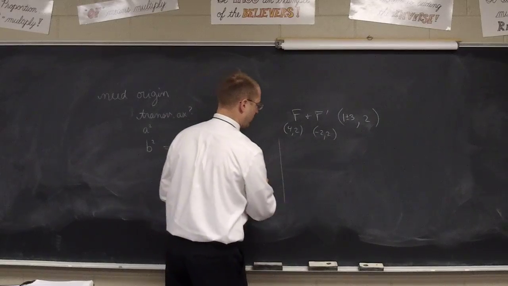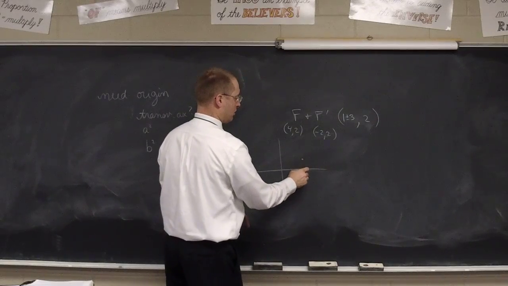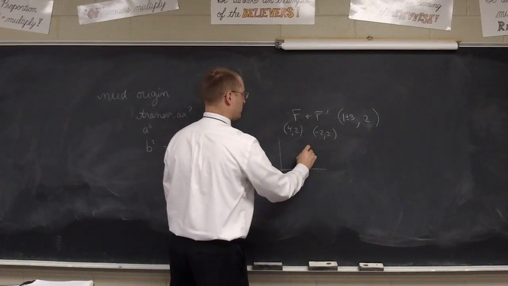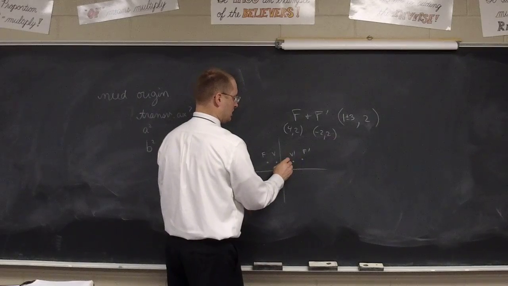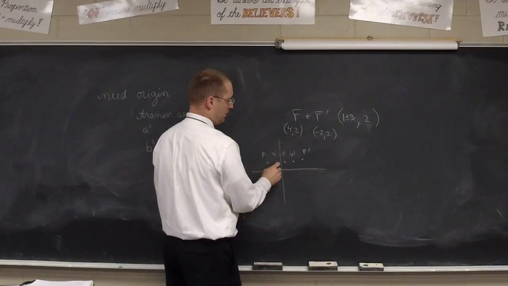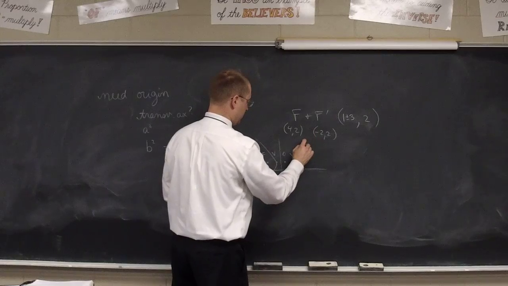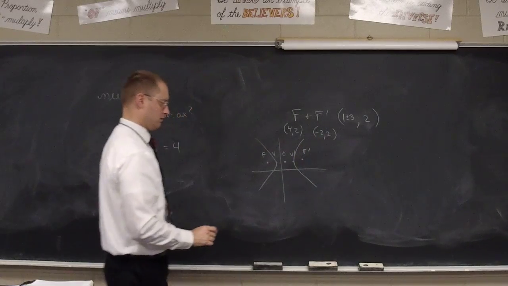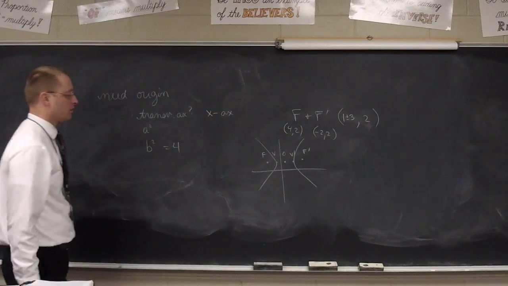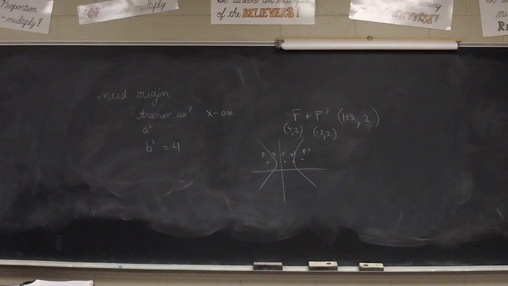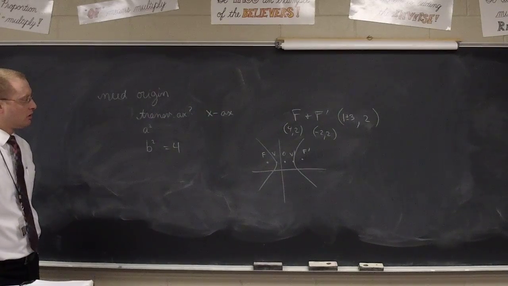Okay, so again, kind of a quick sketch here. 4, 2, negative 2, 2. These are the foci. So that means somewhere along here are vertices. Somewhere along here is an origin, right? So the curves are going to do something like that. Transverse axis is the x-axis. A squared is 9.